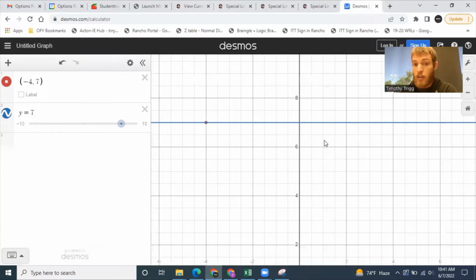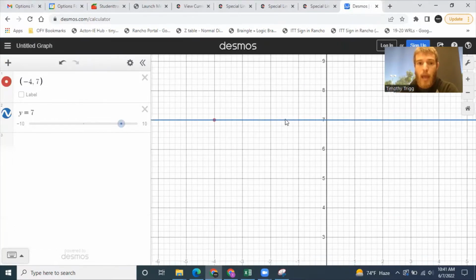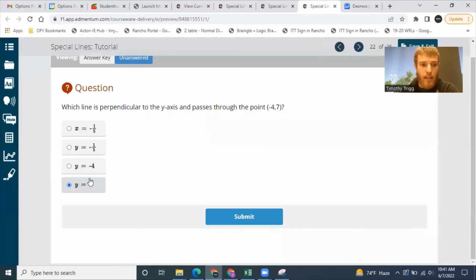In other words, they cross at a 90-degree angle, and it goes to the point -4, 7. So that's your line there. And again, I didn't need to graph it because I already knew, since it's perpendicular to the y-axis, it'll be horizontal. That tells me it's going to be y equals, and I know it's y equals 7 because that's our y coordinate.